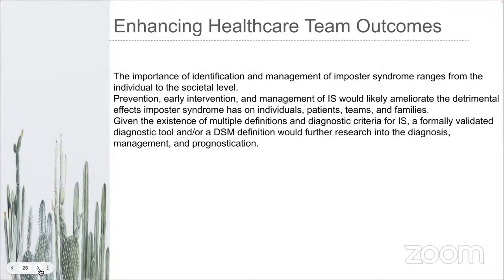Given the existence of multiple definitions and diagnostic criteria for imposter syndrome, the development of a formally validated diagnostic tool or a DSM definition would greatly facilitate further research into its diagnosis, treatment, and prognosis. Of course, ultimately improving healthcare outcomes.